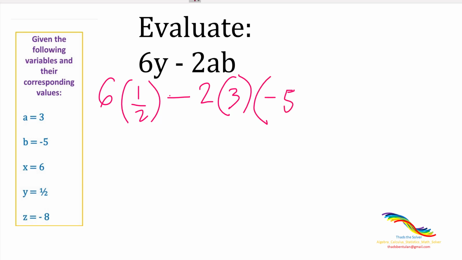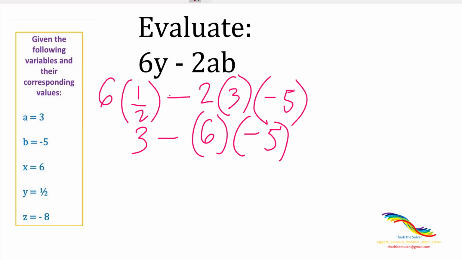If you don't use the parentheses, you will get confused, you will get it wrong. So we need to simplify this. 6 times 1/2, that's 6 divided by 2, that's 3, minus 2 times 3 is 6, that's 6 times -5.